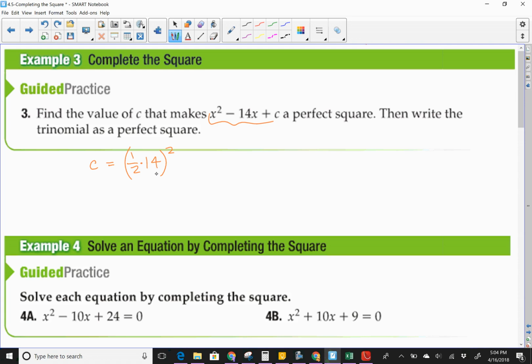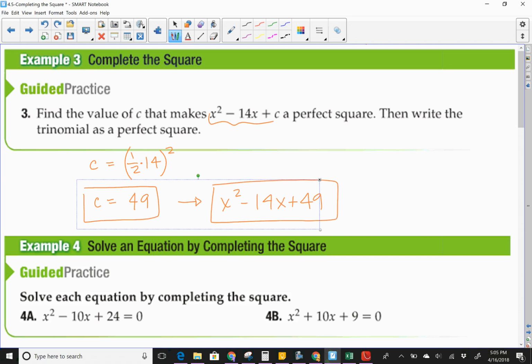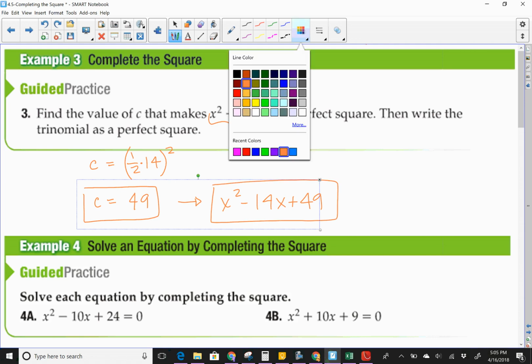So 1/2 of 14 is 7. What makes this a perfect square trinomial is if c is equal to 49. They want us to write it as a perfect square, so it would be x squared minus 14x plus 49. So those are the two answers to that question.